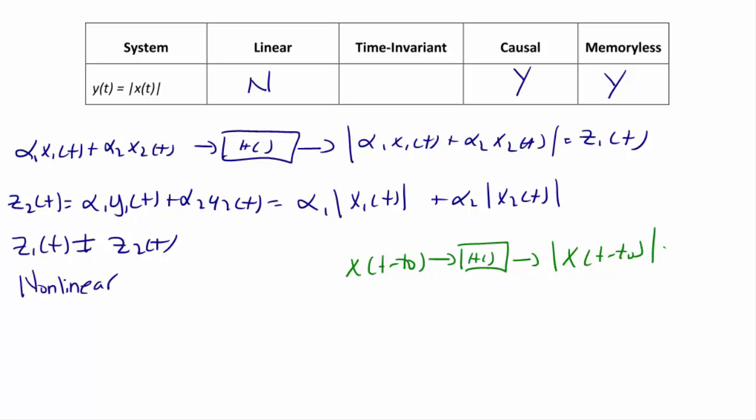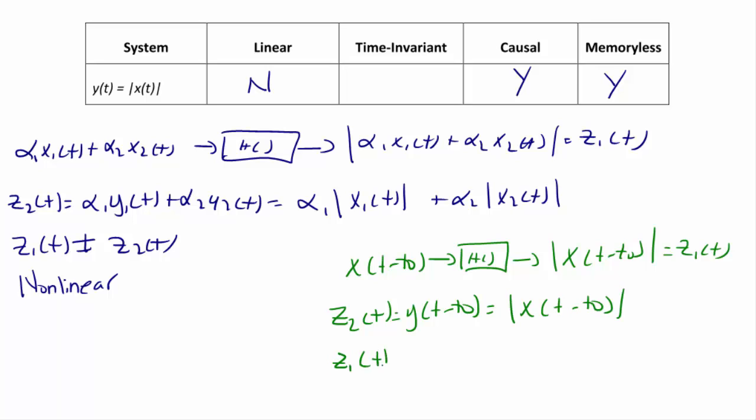And that's z1 of t. z2 of t is y of t minus t naught, which means you take your output and you delay it, and this also gives you the absolute value of x of t minus t naught. So in this case, z1 of t does equal z2 of t, so we do have a time invariant system, so that's going to be yes.